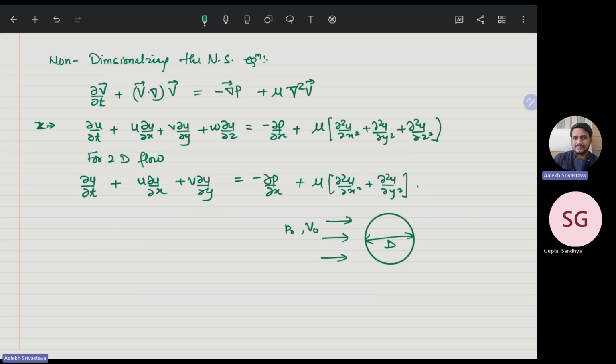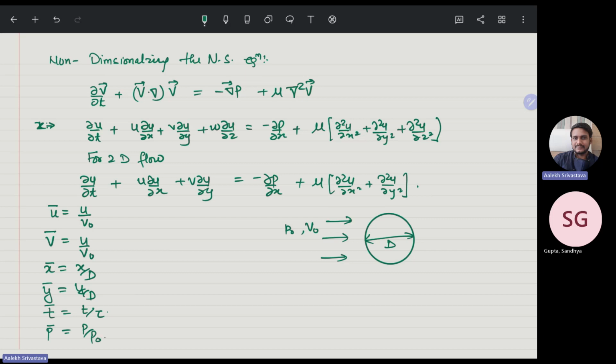Now what we will do is introduce non-dimensional variables. u bar is equal to u by v0, v bar similarly is v by v0, x bar is equal to x by d, and y bar is equal to y by d. Here we have time, so we take t bar is equal to t by tau, and for the pressure we write p bar is equal to p by p naught.